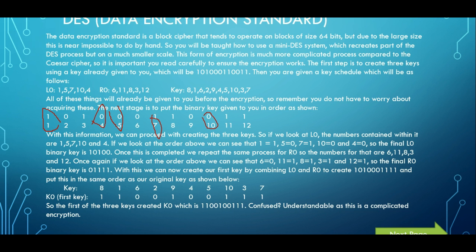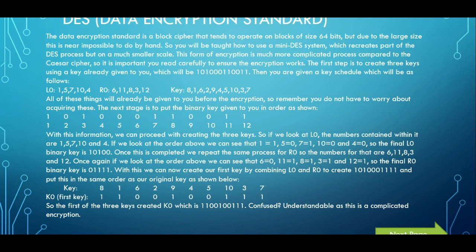And then we move on after that to R0, which is 6, 11, 8, 3, and 12. Now if you repeat the process that I just showed you, this will lead to 0, 1, 1, 1, 1. With this, we put both of them together, which creates 1010001111.